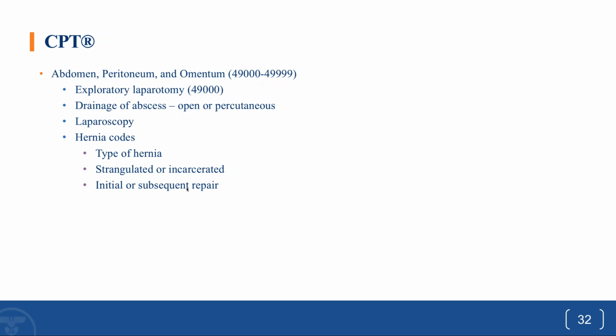I would also say age. They don't have that there, but I would say age if we're talking about an open hernia repair, which these codes on pages 314 and 315 are. So you see 49500, that's an inguinal hernia. You're looking at the age there.